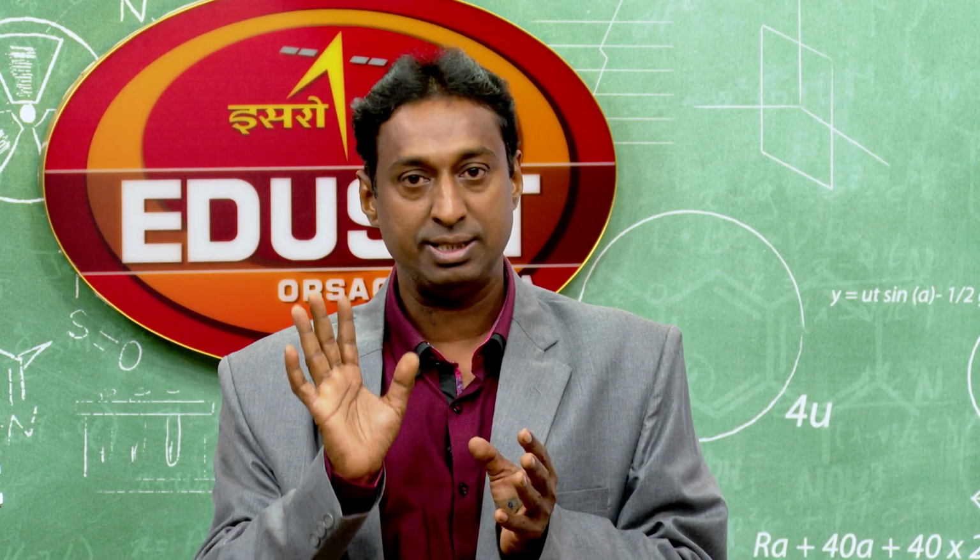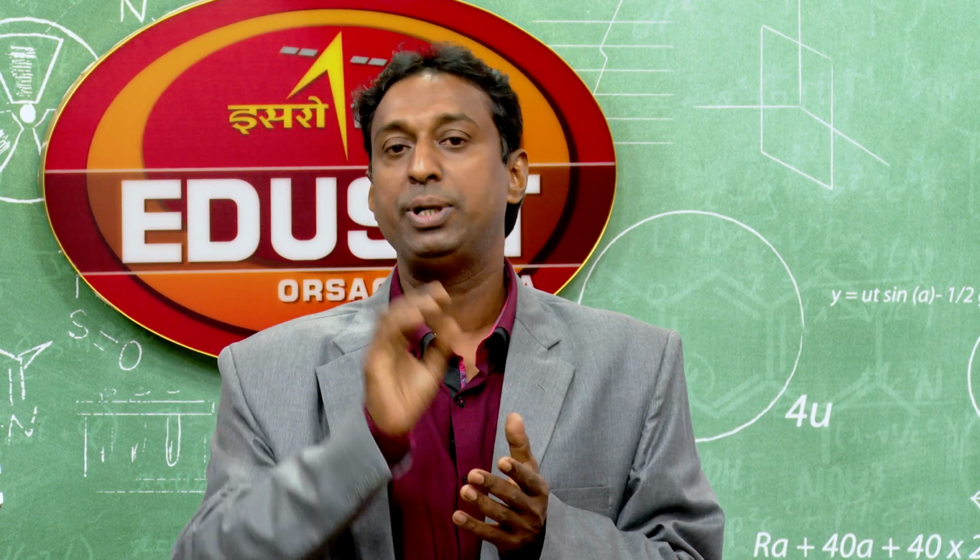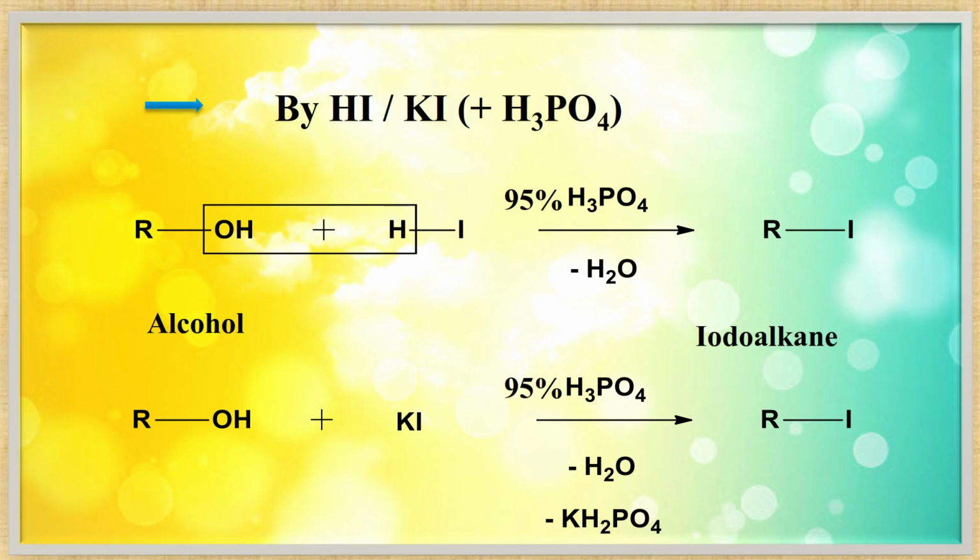Means in step 1, we have seen that the OH lone pair attacks the hydrogen atom of HBr, forming OH2 plus, and then OH2 plus is removed to form a carbocation, and to that stable 3-degree carbocation, Br minus attacks to get you the product. See the next slide. By using HI, here also you can use KI, but for KI you should use the acid H3PO4, called phosphoric acid.